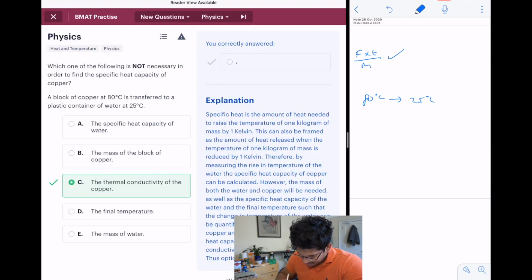You need to know everything else. Just the formula for specific heat capacity is Q equals mc delta T. So the mass of the object times the specific heat capacity times the change in temperature. That's really important.